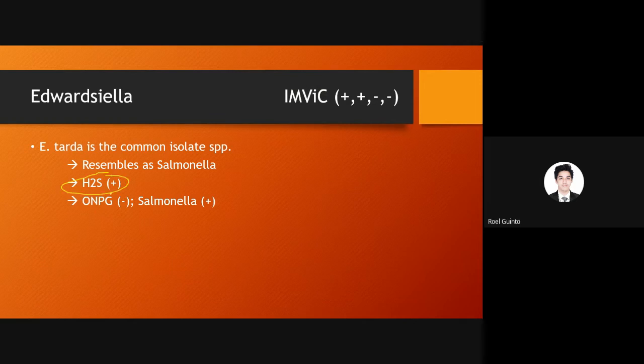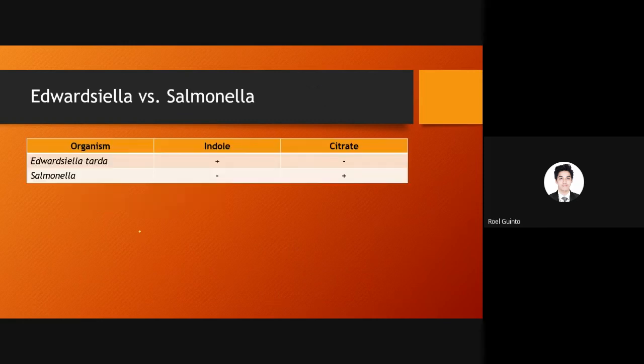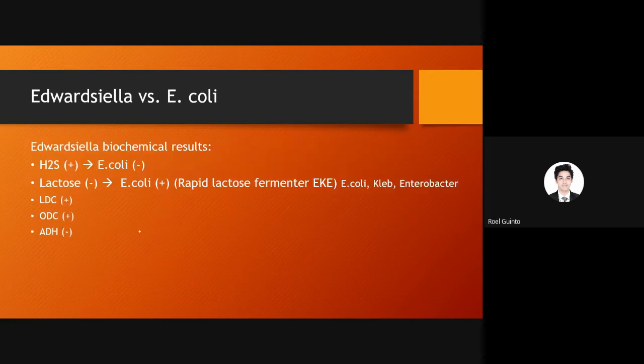But in ONPG test, Edwardsiella tarda is ONPG negative, pero si Salmonella daw is positive sa ating ONPG testing. Also, Edwardsiella tarda is indole positive, citrate negative, while Salmonella is indole negative, citrate positive. So, pakitandaan yung mga ating biochemical testing.